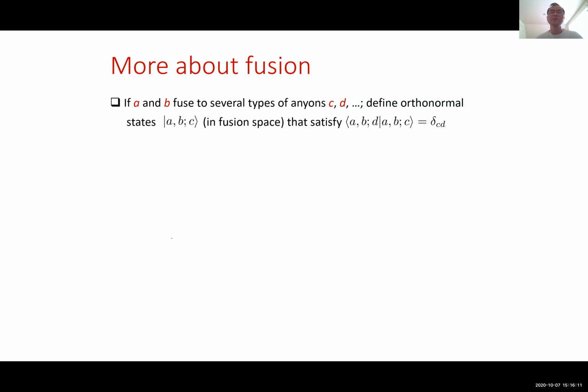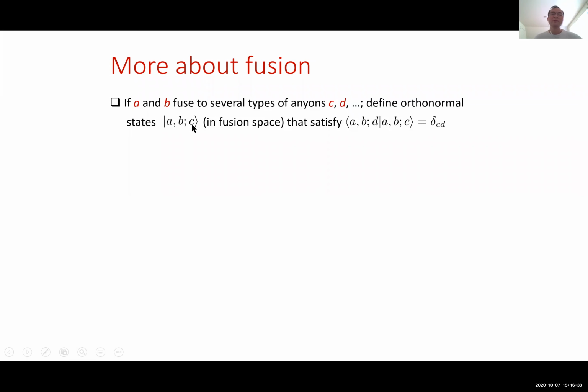Yeah, so given that we know a little about fusion, I want to tell you more. It is possible that A and B can fuse to various different types of anyon. So what we're going to use as a notation is A, B fused to C with a semicolon.